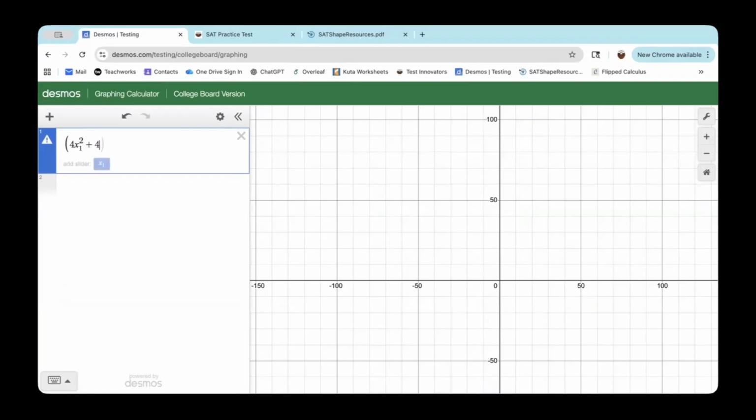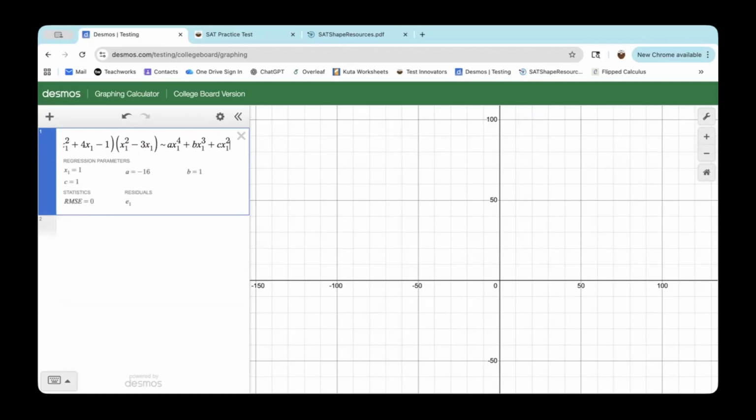And then I get plus 4x1, and then minus 1, and then it was x1 squared minus 3x1, and then use the little tilde instead of equals, and that is equal to ax1 to the 4th plus bx1 to the 3rd plus cx1 squared, and then finally plus dx1.